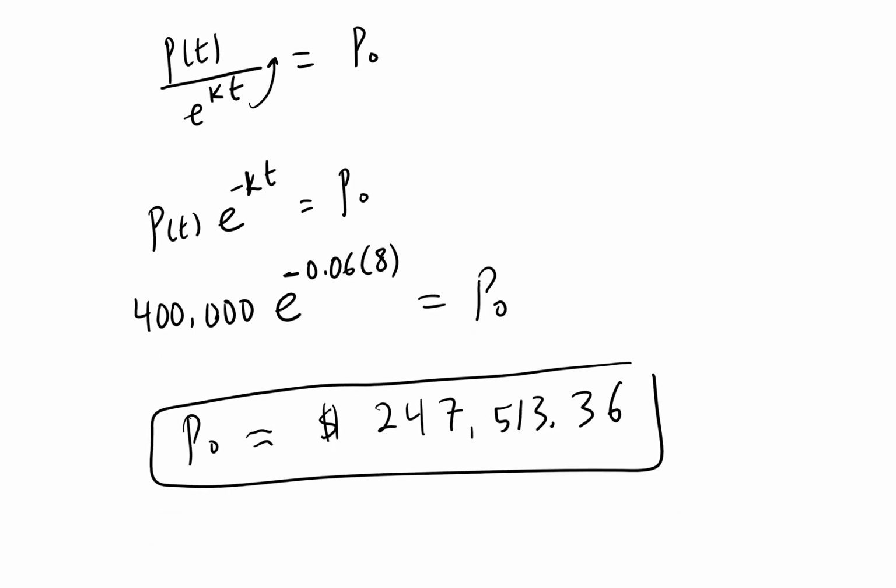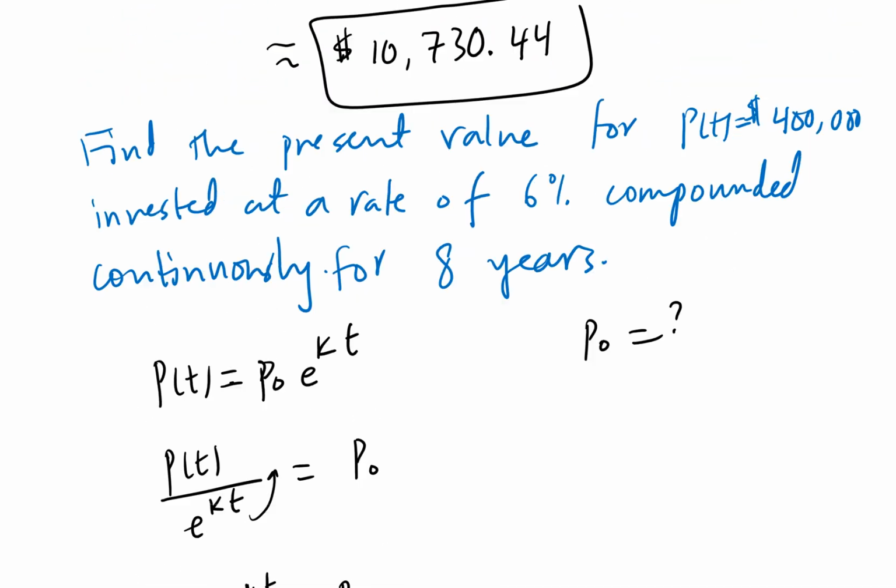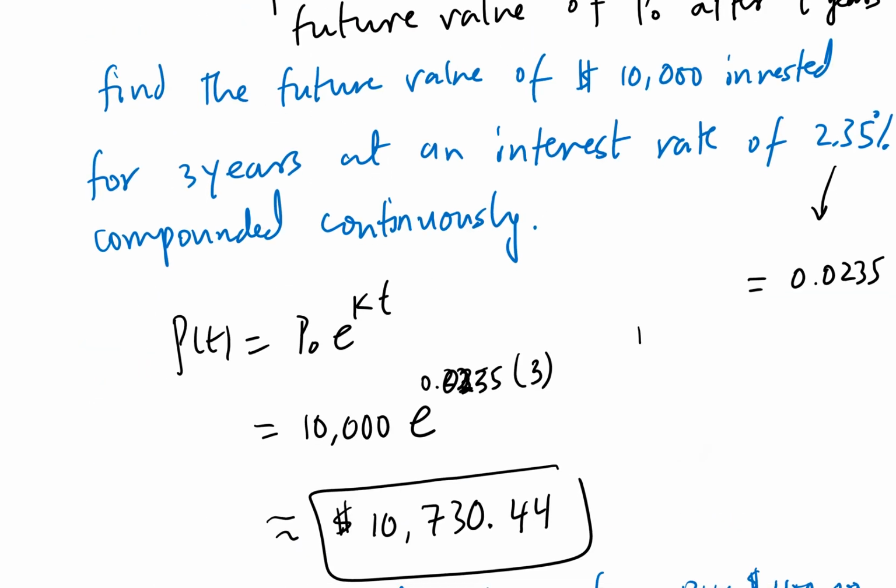Now notice what I said, compounded continuously. Let me go back to the previous example. If we want to present this graphically, this is T, that's P of T, time equals 0.